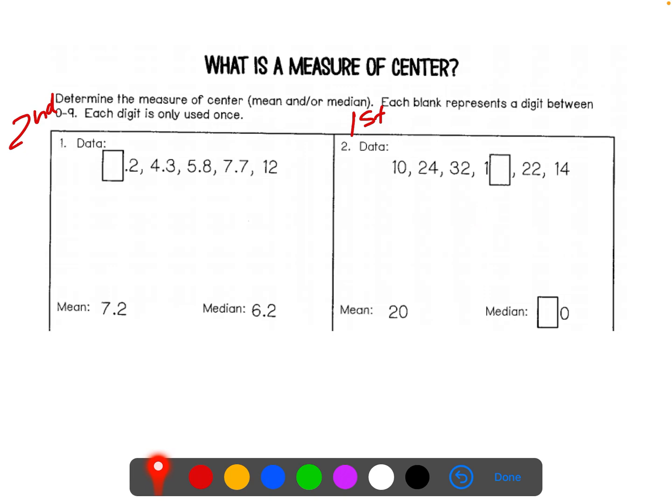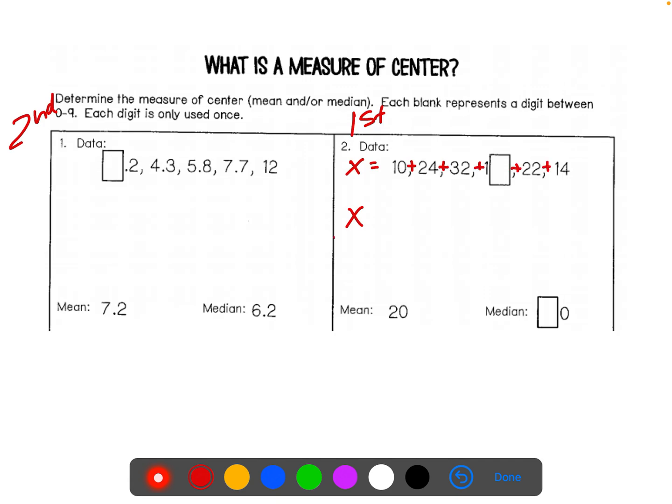So we have 1, 2, 3, 4, 5, 6 pieces of data. And what we would have done is added all this together, divided by 6 to get 20. So what you need to do is just some simple algebra. So since our sum, or our x, that's what all of this added up together is.